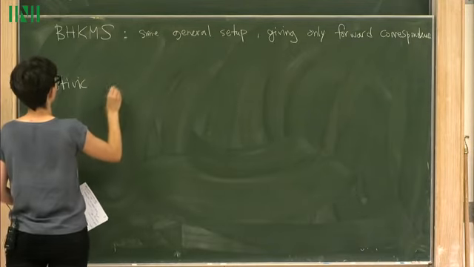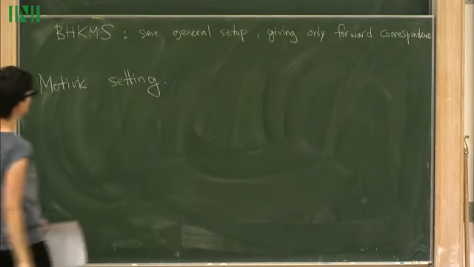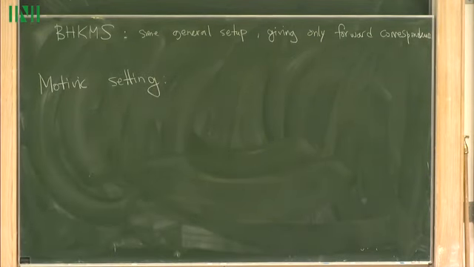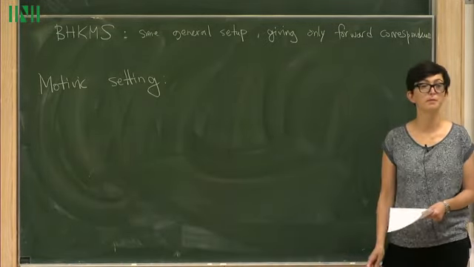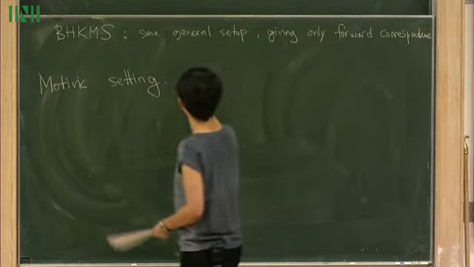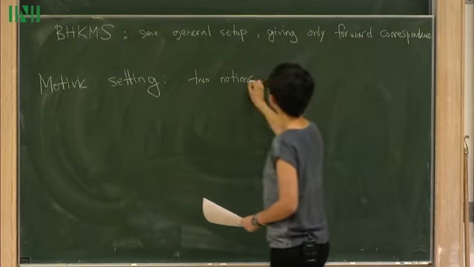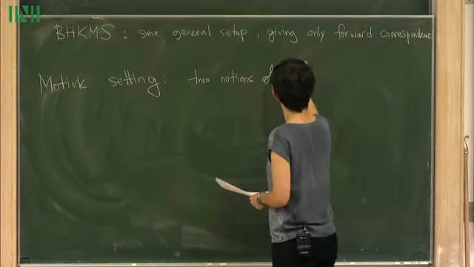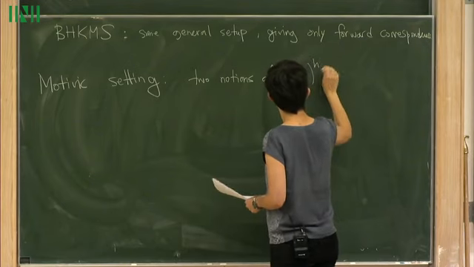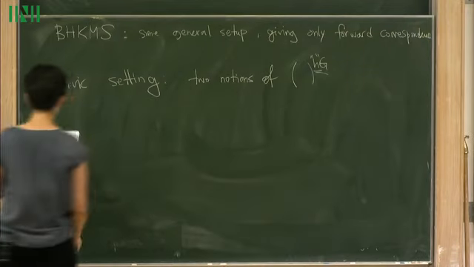So in the motivic setting, I guess we saw yesterday, Jeremiah told us that there are two notions of homotopy fixed points. We have the usual homotopy fixed points, the simplicial. What do we mean by homotopy fixed points?